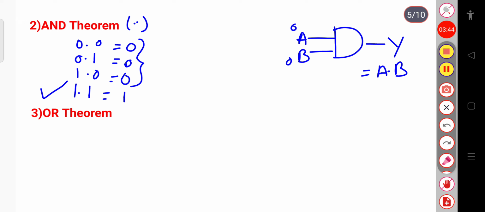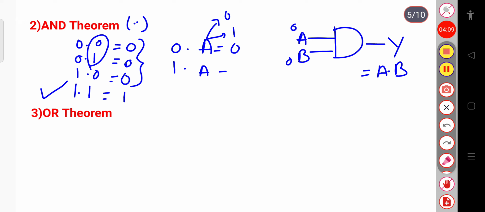Simply we can write 0 into A equal to 0, because A here may be 0 or it may be 1, and whether it is 0 or 1, the output will remain 0. Now if my input is 1 into A, what will happen?